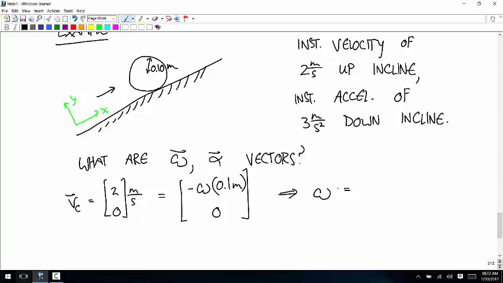So omega, using the x equation, is equal to negative 20 radians per second. And so as a vector, the angular velocity vector is 0, 0, negative 20 radians per second. Any questions about that part?